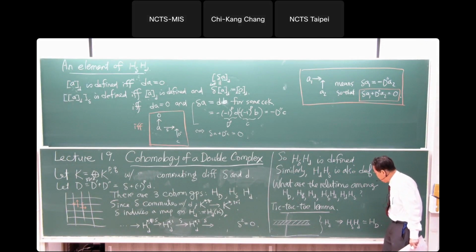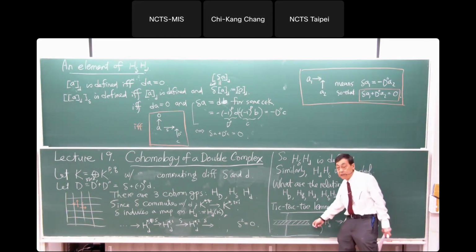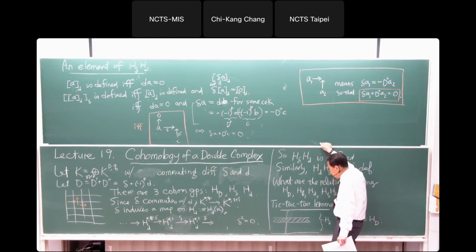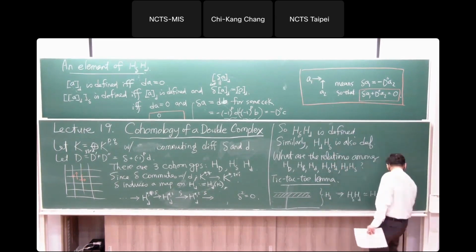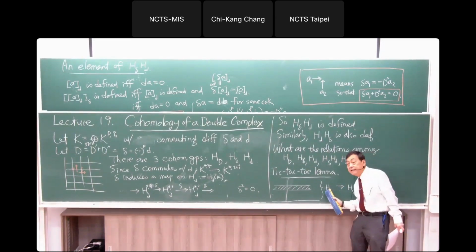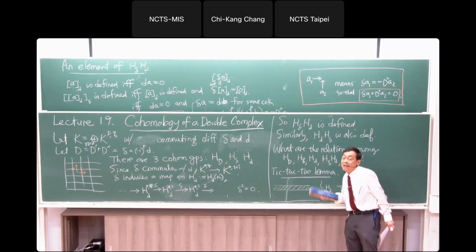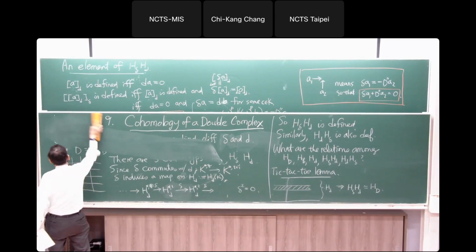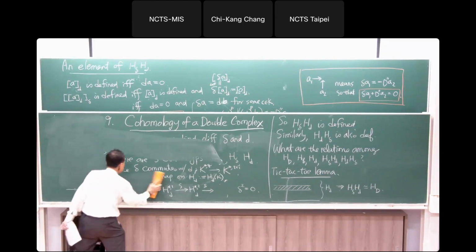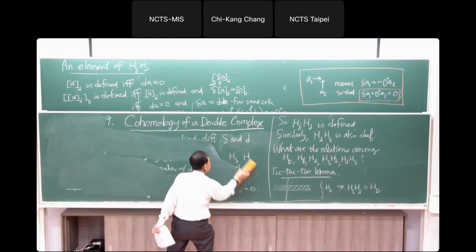Let me see. So I'm going to start with an element in H delta HD. Okay. But under the assumption that we have only one non-zero row, so HD has only one non-zero row. Well, if HD has only one non-zero row, and you take its delta cohomology, H delta HD will also have only one non-zero row. Okay, so that's the picture we start with.